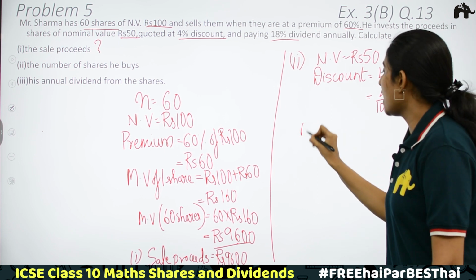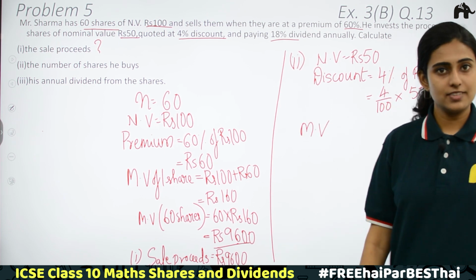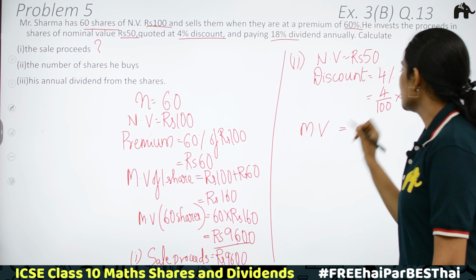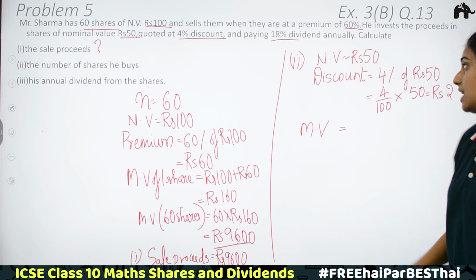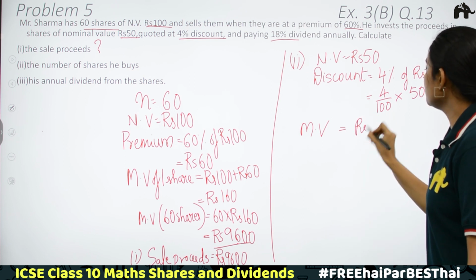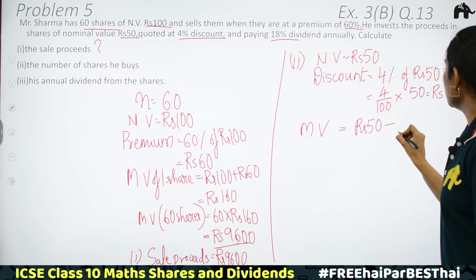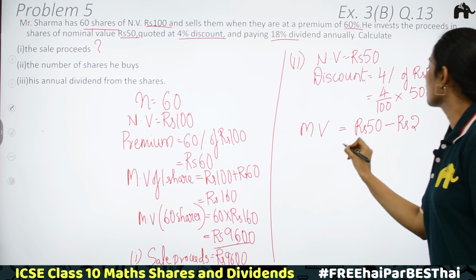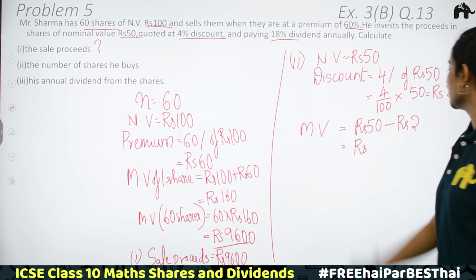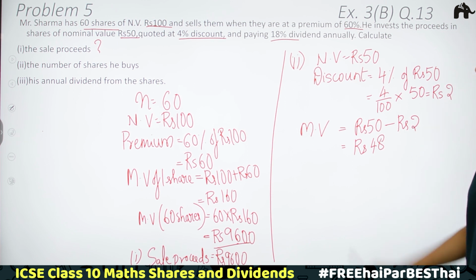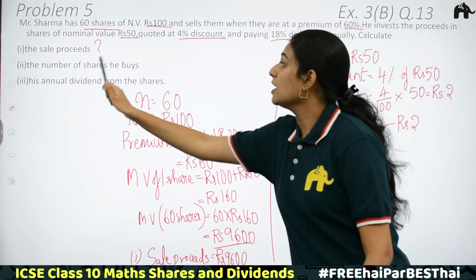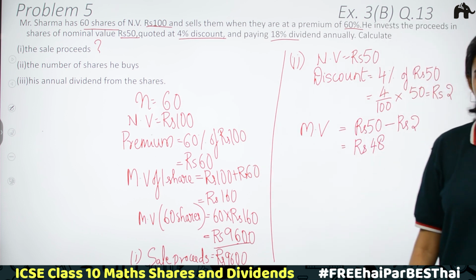Now we can find the market value of one share. Yes, market value of one share is equal to nominal value minus discount. That is rupees 50 minus rupees 2 equal to rupees 48.